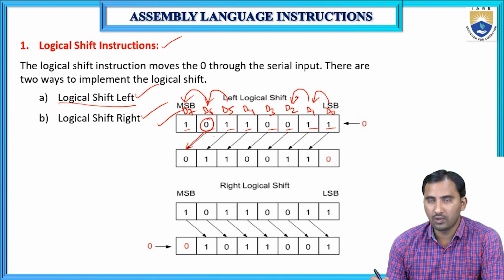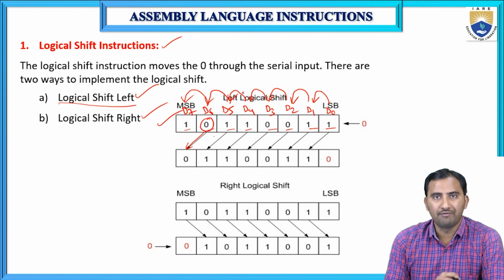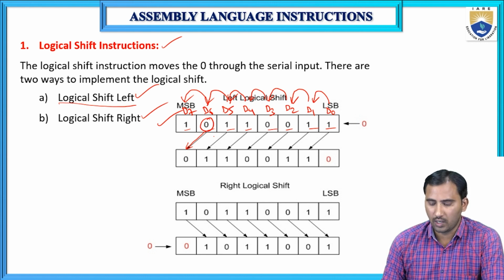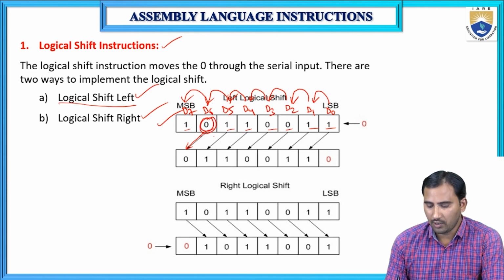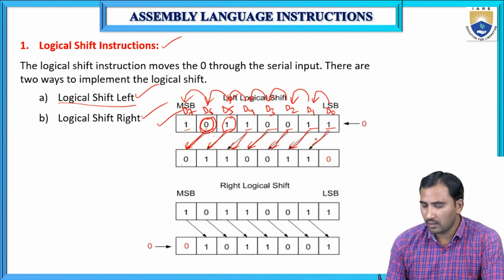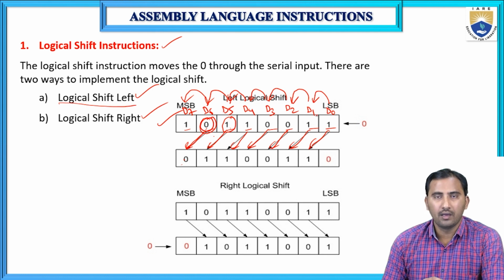D1 data will be moved to the position of D2. D2 to D3. So like that, the data will be moved left side by a single position. Okay. So that means D6 bit data will be copied to D7. So that means 0 is copied to the D7. Similarly, the D5 bit data will be copied to the D6 place. Okay, so 1 is copied here. So in this way, all the bits of the register will be shifted to the left side by one position.